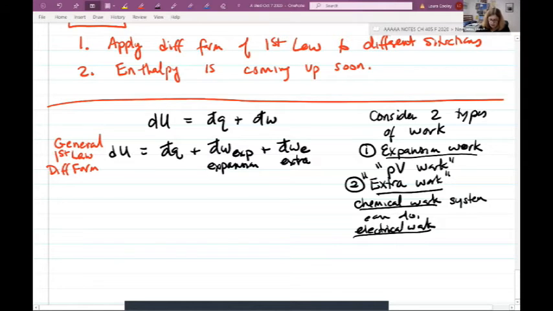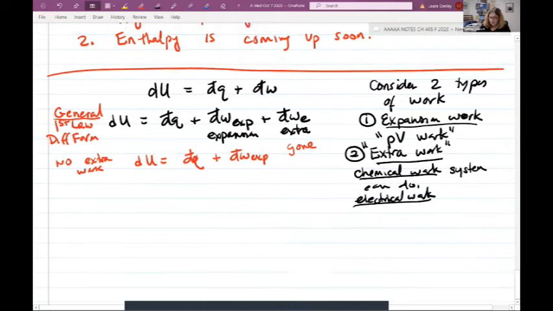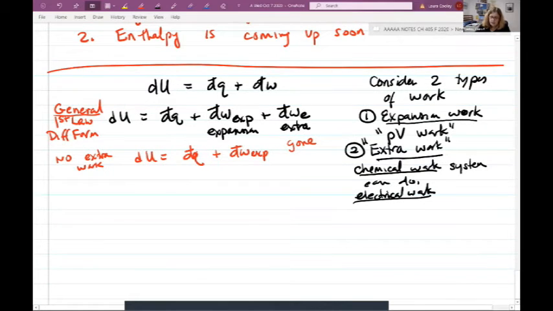It's completely general. And now I'm going to say, okay, no extra work. So I'm going to cross this out and make it dU equals dq plus dw expansion. And this becomes, it's gone. So now it's not as general. And that's what happens all the time in this class. We start with something general and we start to make conditions and specify different things.